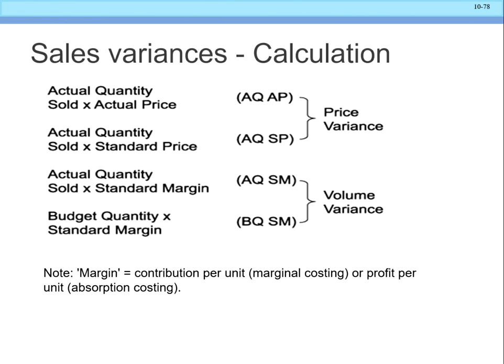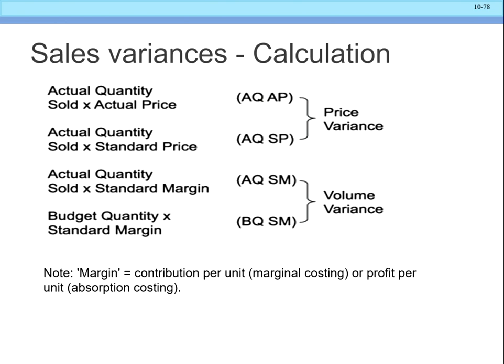The price variance has already taken into account the profit change as a result of a different price. We now need to look at the margin, and the margin can either be contribution if the business is using variable or marginal costing, or it can be gross profit per unit if we are using absorption costing.